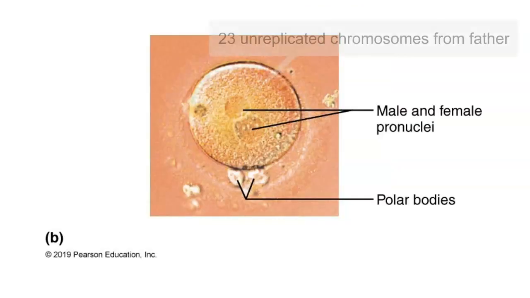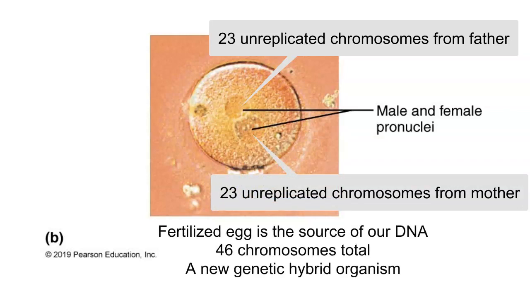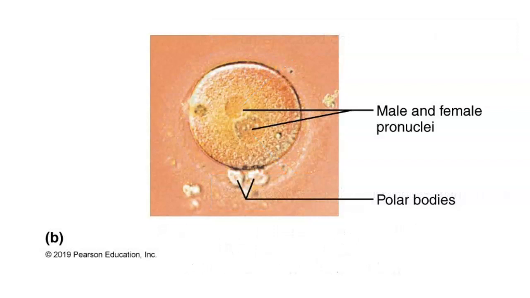And when that happens, 23 unreplicated chromosomes from the sperm combine with 23 unreplicated chromosomes from the ovum to give us 46 chromosomes, a new organism, a new human being. And so that's the original cell, the fertilized egg, that all of our cells come from. And so all of our cells have the exact same DNA.